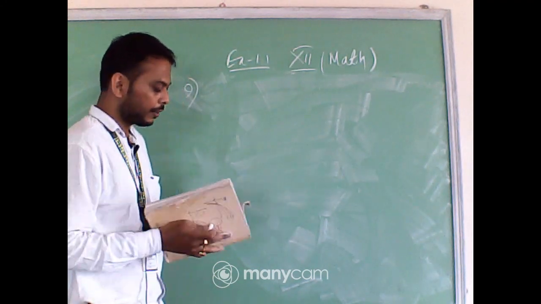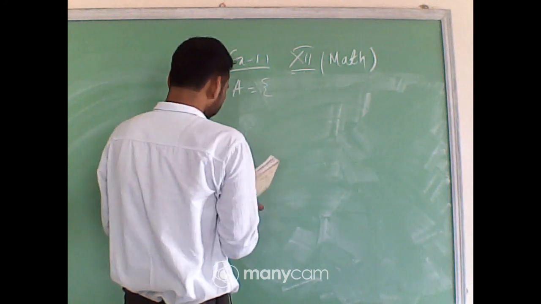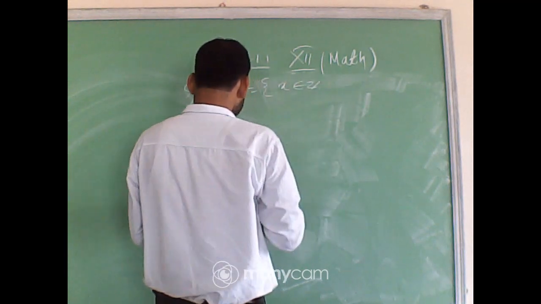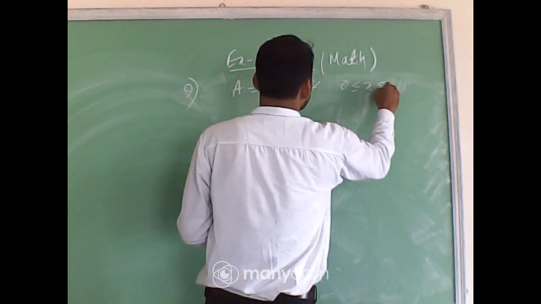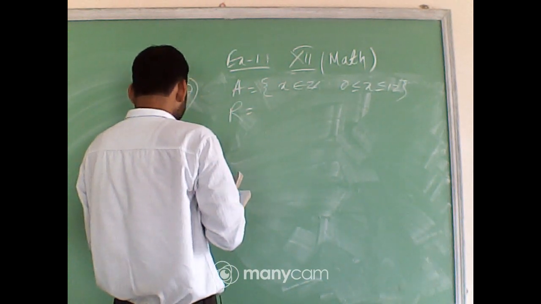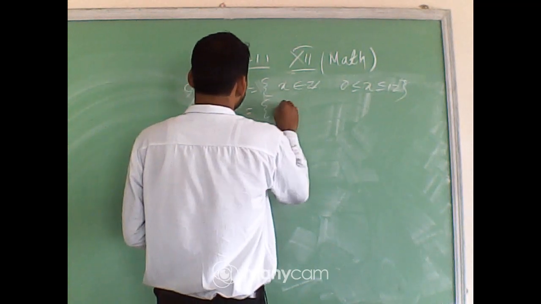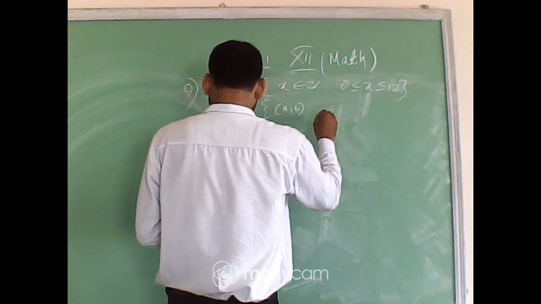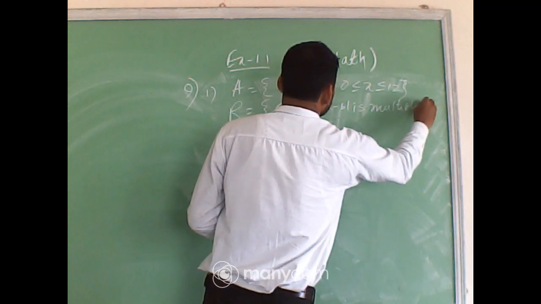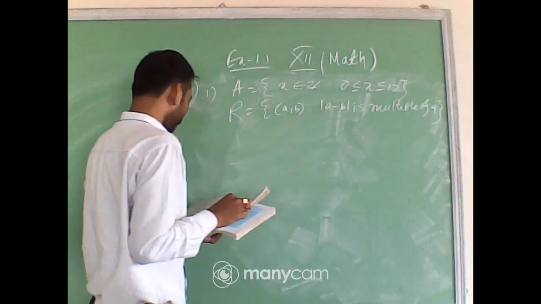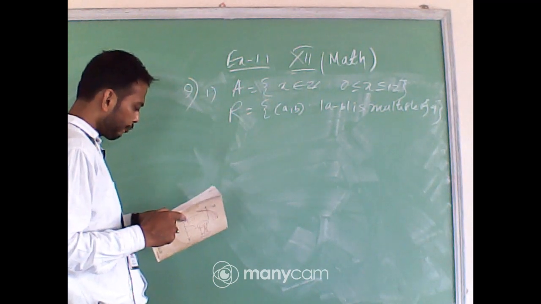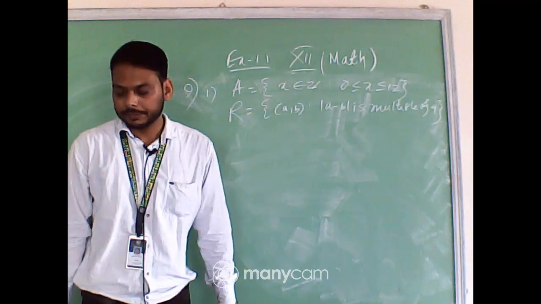Each of the relations R on the set A is given to you, where A contains x belongs to Z such that 0 ≤ x ≤ 12, and the relation R is defined on A. The first part of question 9 contains the ordered pairs (a, b) such that |a - b| is a multiple of 4. Okay. Now tell me, is it reflexive?